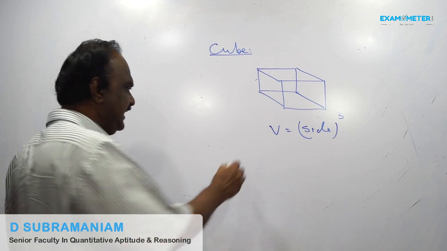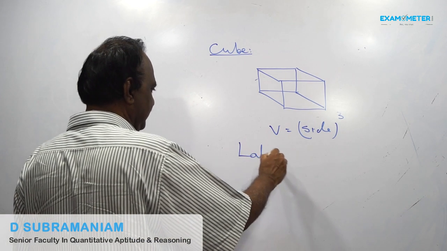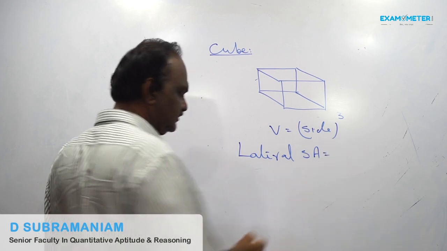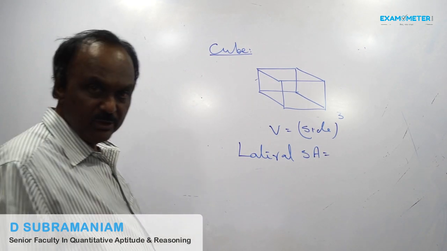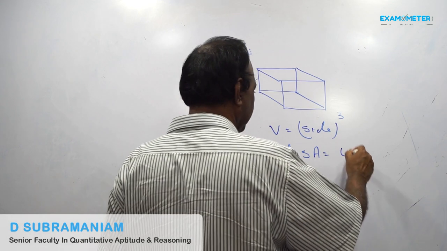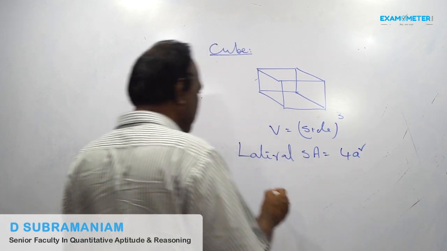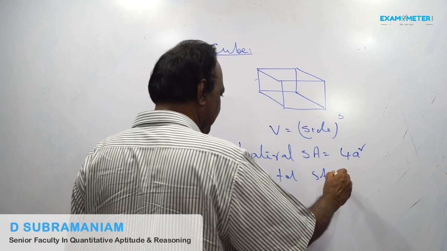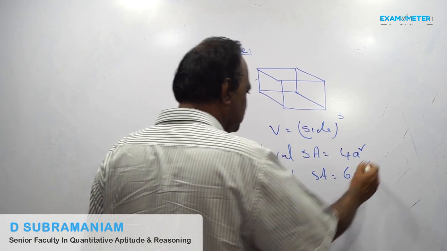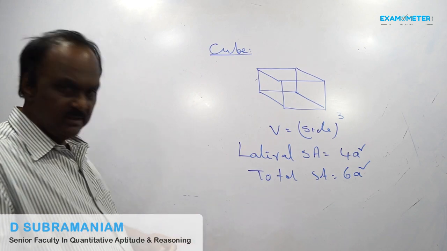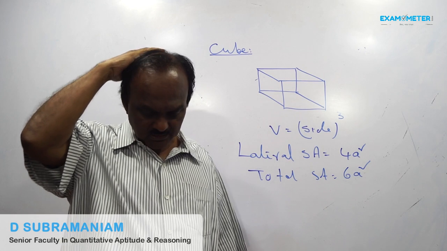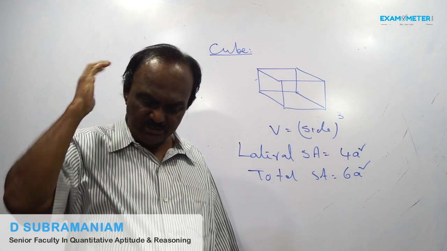Lateral surface area is 4 into a square. Total surface area is 6 into a square.